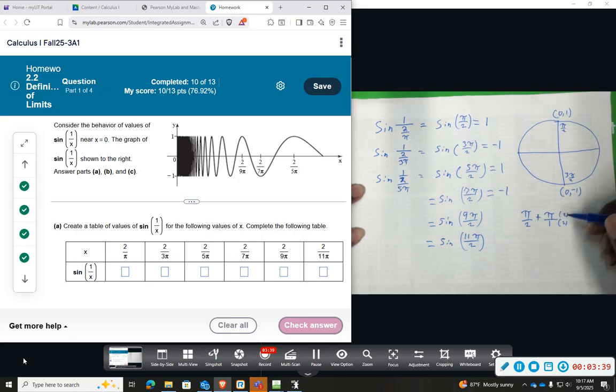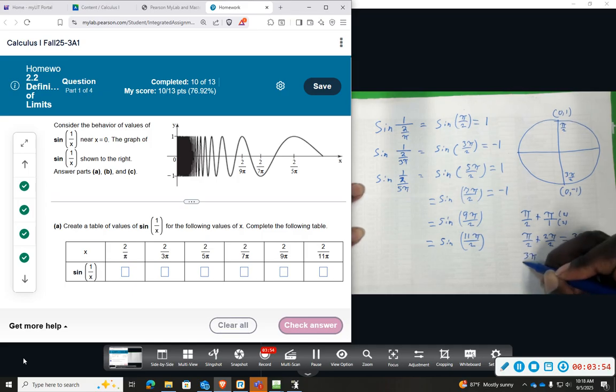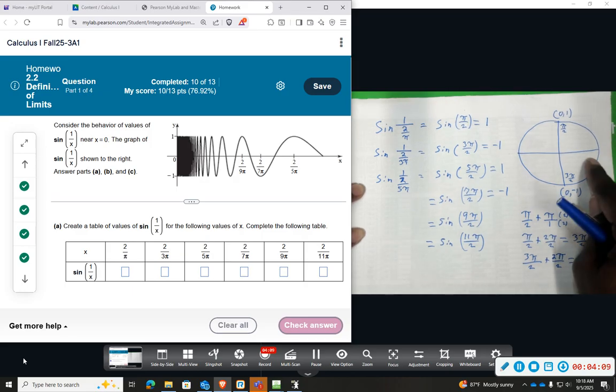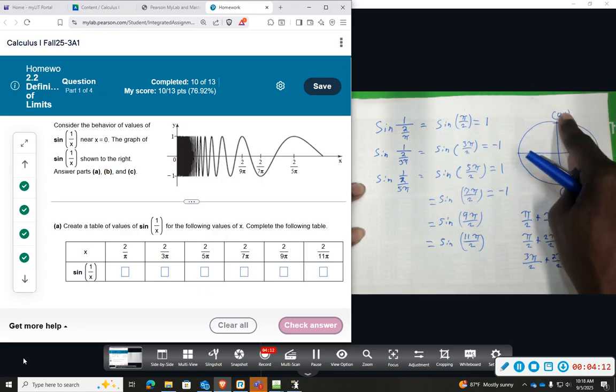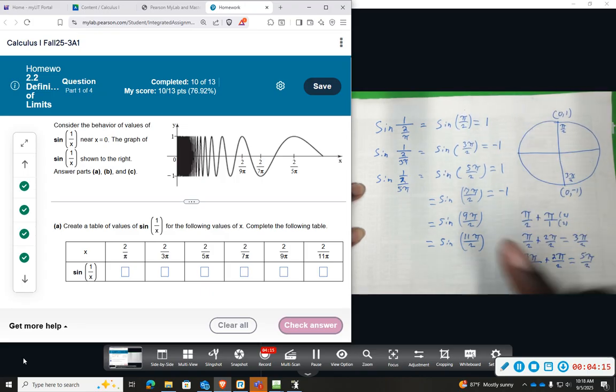So when I add this, I'll get pi over 2 plus 2 pi over 2, same denominator now, that's going to give us 3 pi over 2. And if I do that same thing again, if I take 3 pi over 2 and add pi, I would multiply top and bottom by 2 again, so 2 pi over 2, and then that will give me 5 pi over 2. This is just showing you we're going a half circle every time to get to the next unit. And so that's why these numbers are just oscillating.